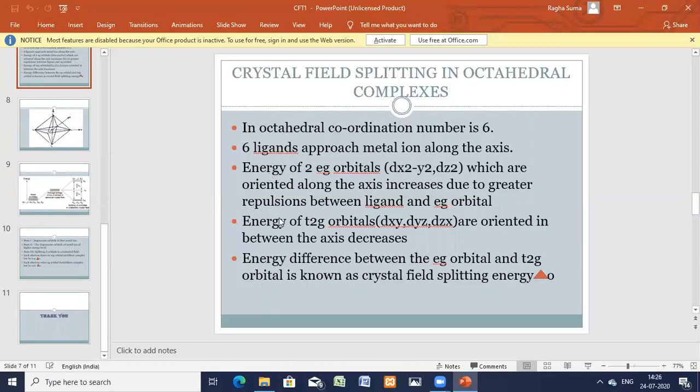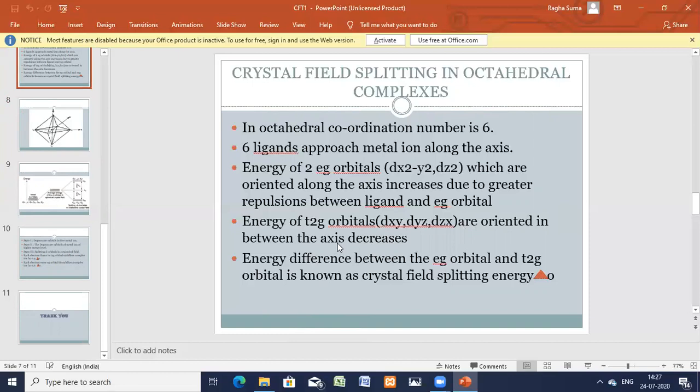Okay, now next one, energy of t2g orbitals. t2g orbitals means what, you remember, dxy, dyz, dxz. These are oriented between the axis. So between the axis they experience less repulsion.